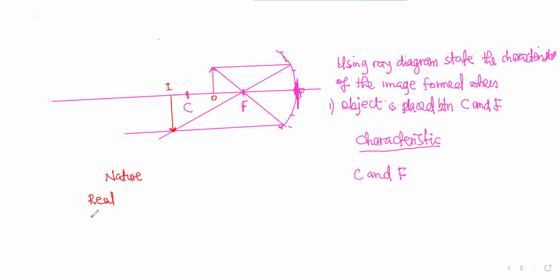The image is inverted. The image is formed beyond C. And the image is magnified. These are the characteristics of the image formed.